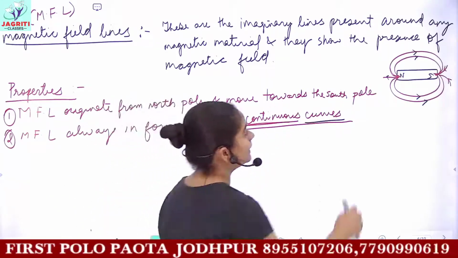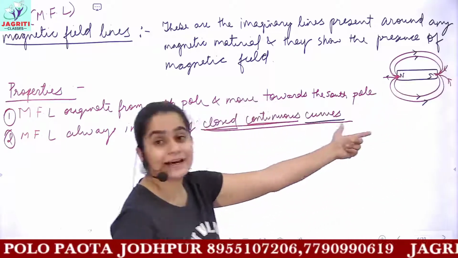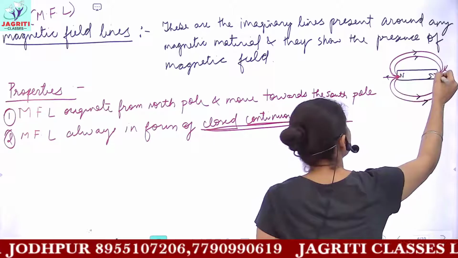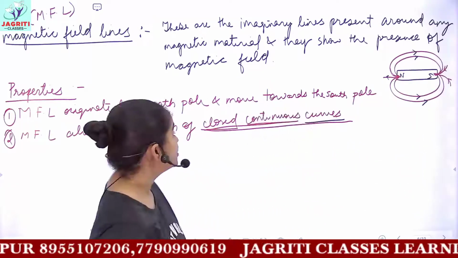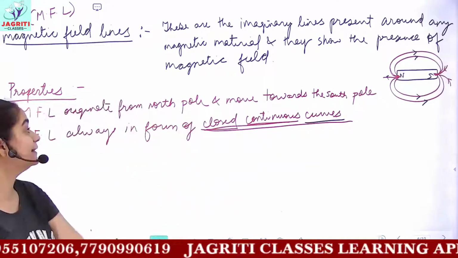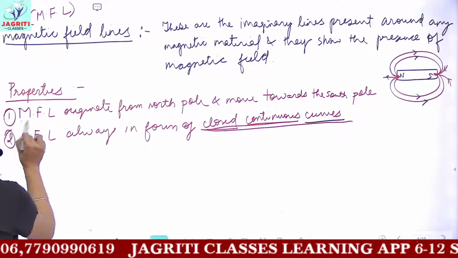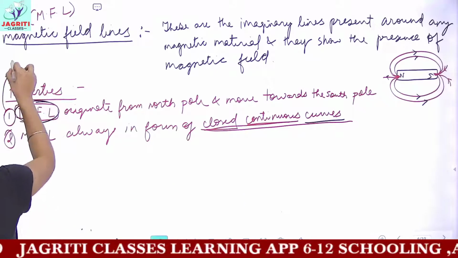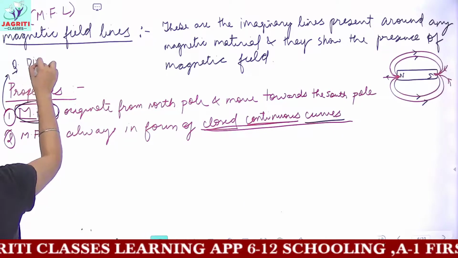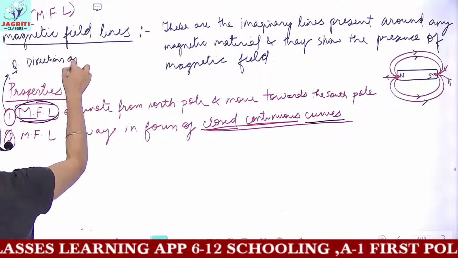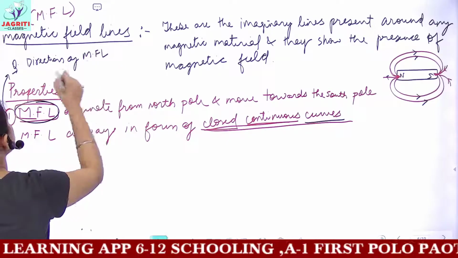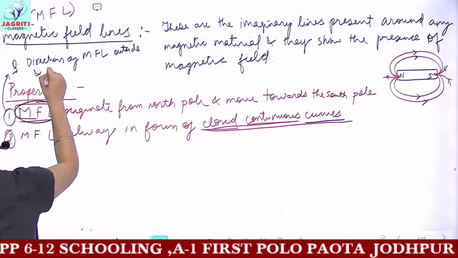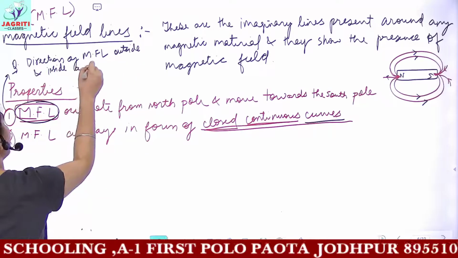But if you consider this magnetic field line, this diagram is incomplete because it has a starting point here, but its ending point is towards the south. So we have one more important direction, that is, whenever we are talking about the direction of magnetic field lines, here a question comes: what is the direction of MFL, that is magnetic field lines, outside and inside a magnet?